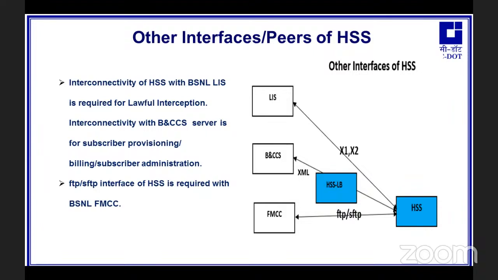So different PLMN requests can come to the HSS LB, and HSS LB will take care of that and route it to HSS. And there is SCTP and FTP connectivity with interface between HSS and FMCC for the daily dump and subscriber dump that needs to be sent on an everyday basis to the FMCC server.